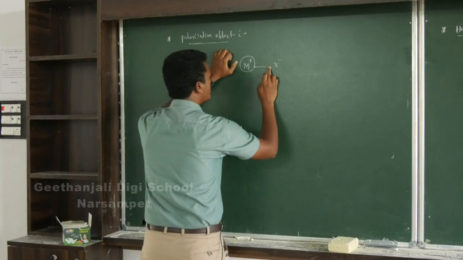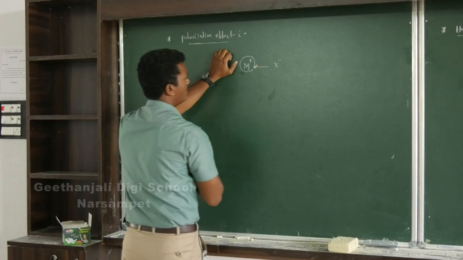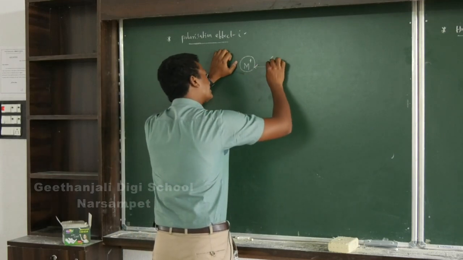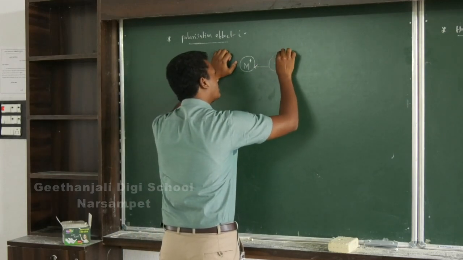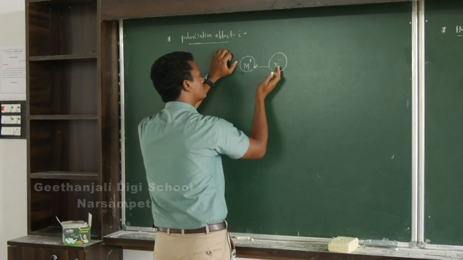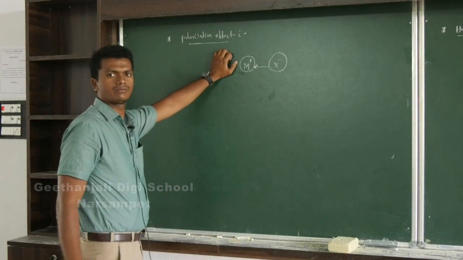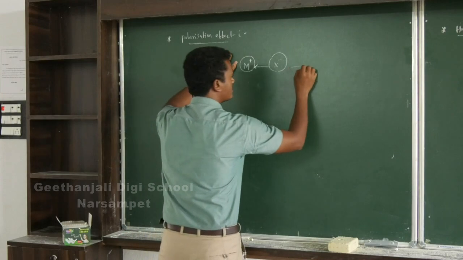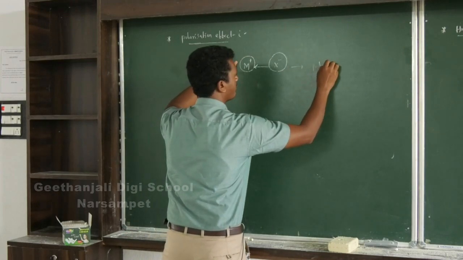The positively charged nucleus of this cation disrupts the electron cloud of this X minus towards itself. This process is called polarization effect.